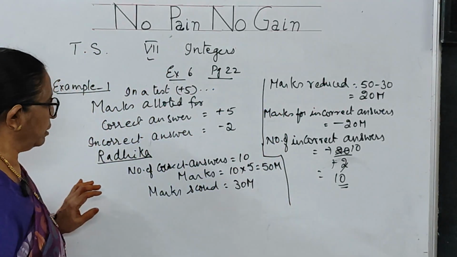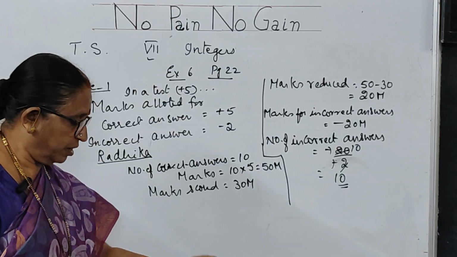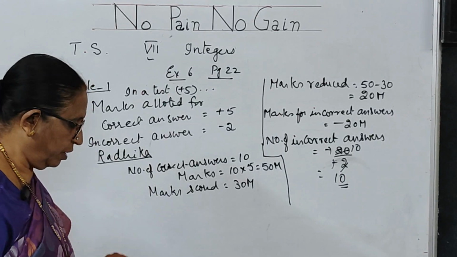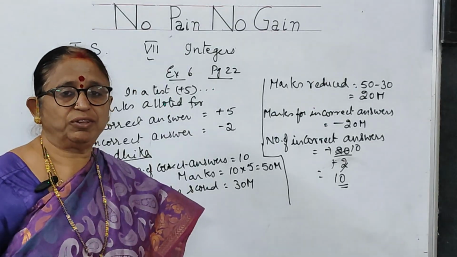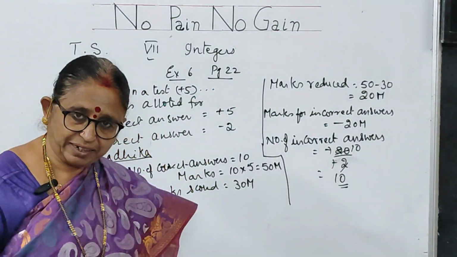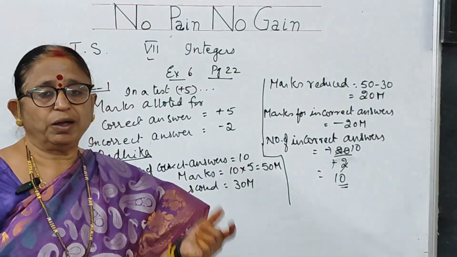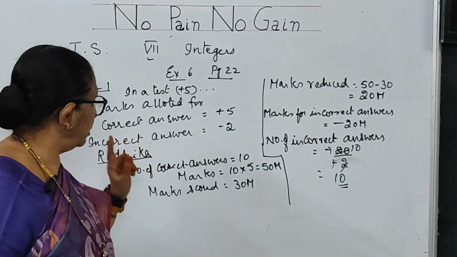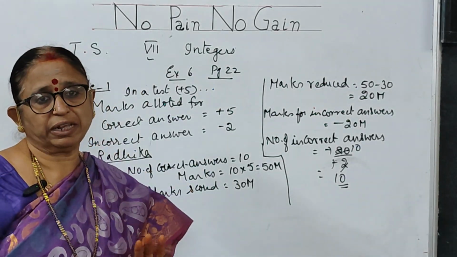Okay, once let me explain you this. After this, I'll go to the next girl, Jaya. Okay, so the problem once again I say that there is a test in which 5 marks are allotted for correct answers, minus 2 marks are allotted for wrong answer. Now, the girl by name Radhika, she has attempted 10 questions, but she got 30 marks.